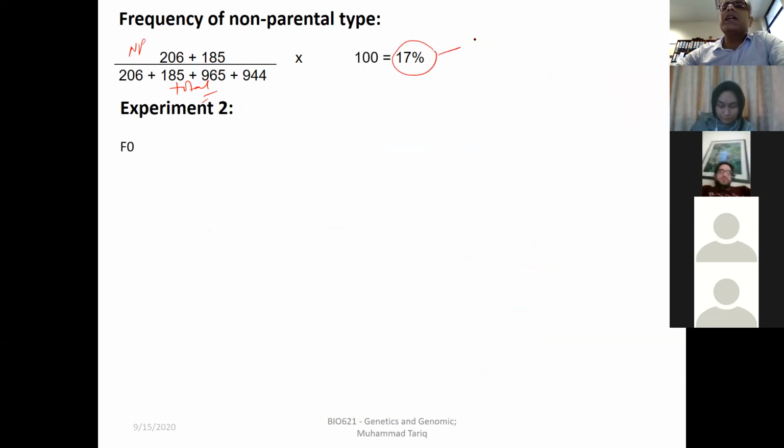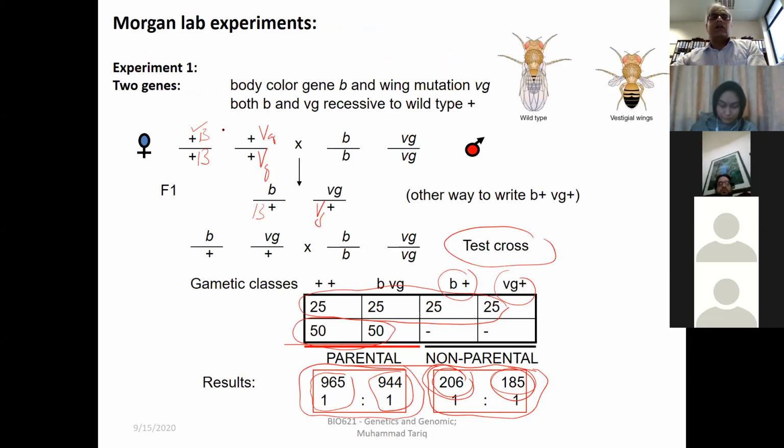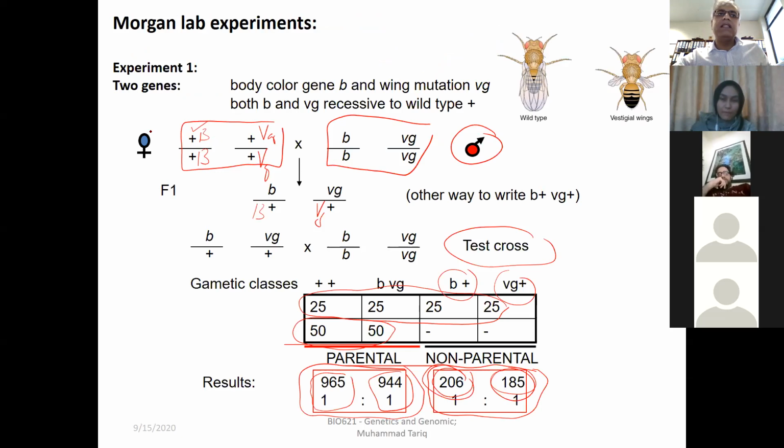So 17% were non-parentals. Since he used females like this and males like this, this is the sign of male, this is the sign of female.